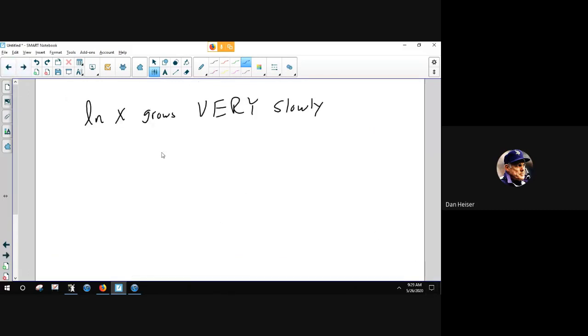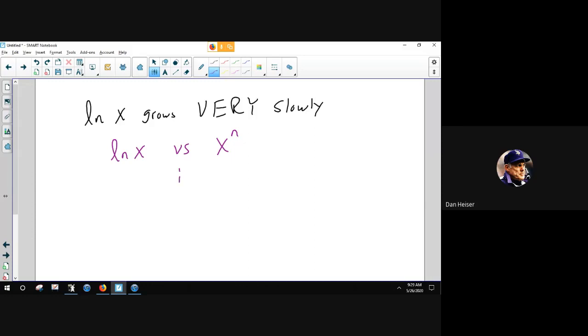Last but not least, natural log is a very slowly growing function. Natural log of x versus x to the n. Natural log of x always loses.